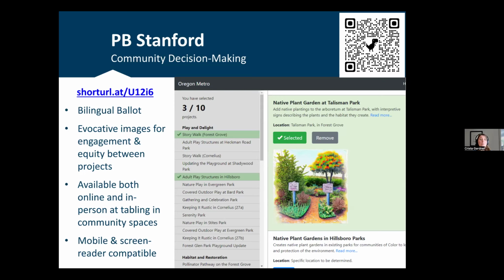It allows us to upload evocative images for engagement and equity between the projects. And it also allows both online and in person through tablets at community spaces, at tabling, at workshops.